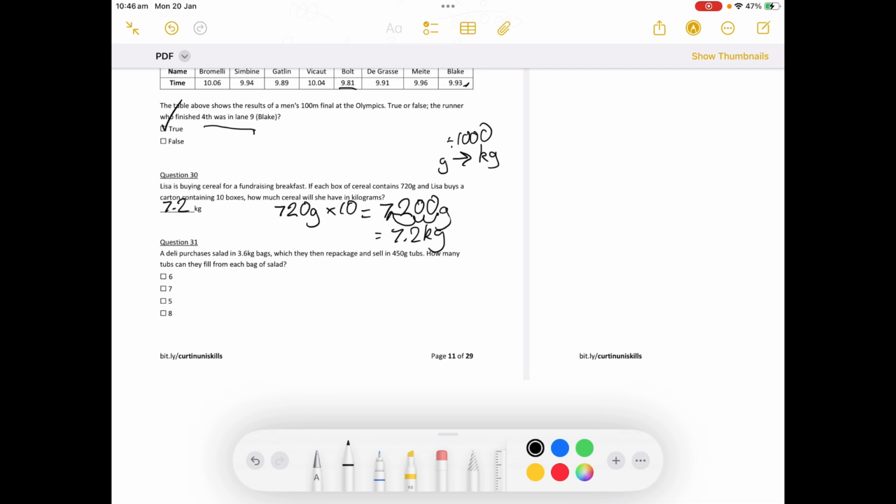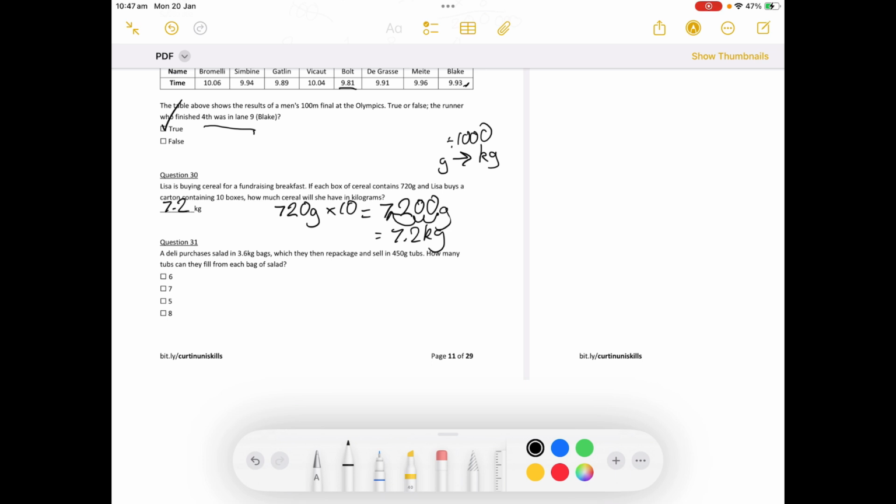Question 31. A deli purchases salad in 3.6 kilogram bags, which they repackage and sell in 450 gram tubs. How many tubs can they fill from each bag of salad? Alright, so we need to figure out how many tubs we can fill up with 3.6 kilograms, okay?